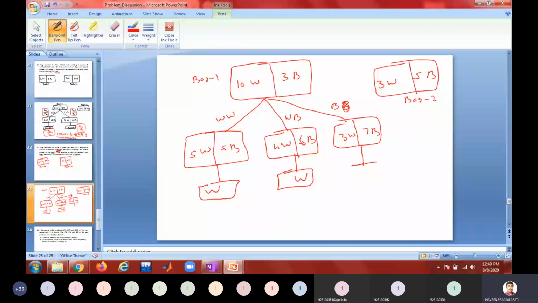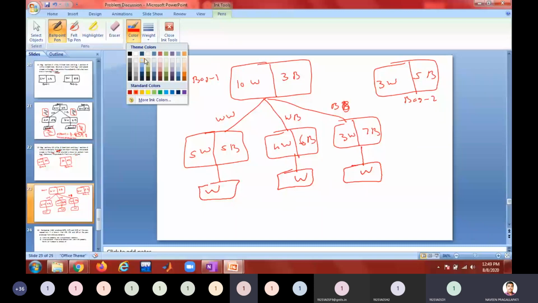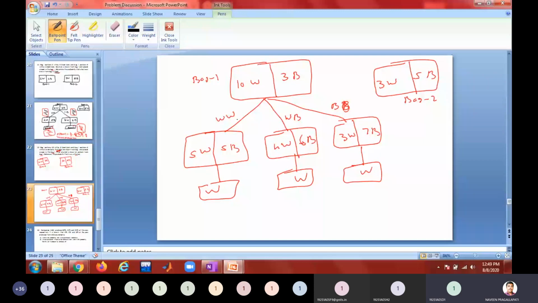So what is the probability of drawing 2 white balls? 10C2 by 13C2, and here 10C1 into 3C1 by 13C2, and both are black means 3C2 by 13C2.